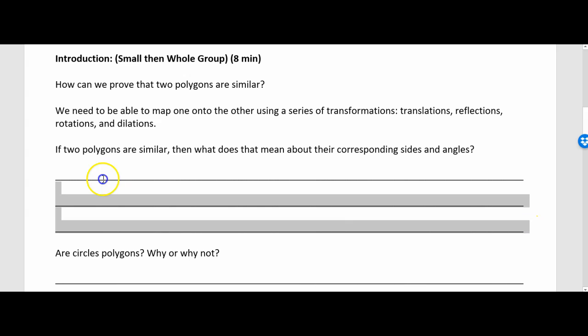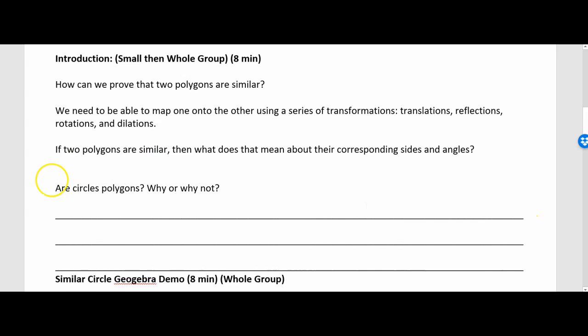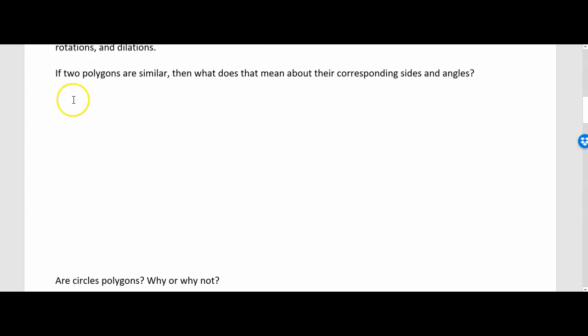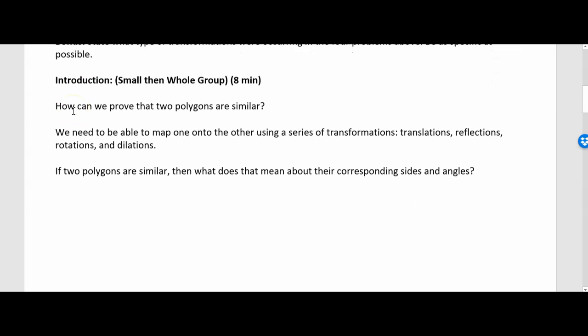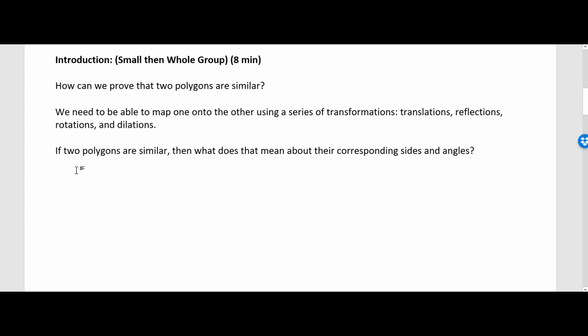Now, if we think about what's going to be true about the sides and angles, well, corresponding angles in similar figures will be congruent. Remember, the angles don't change.